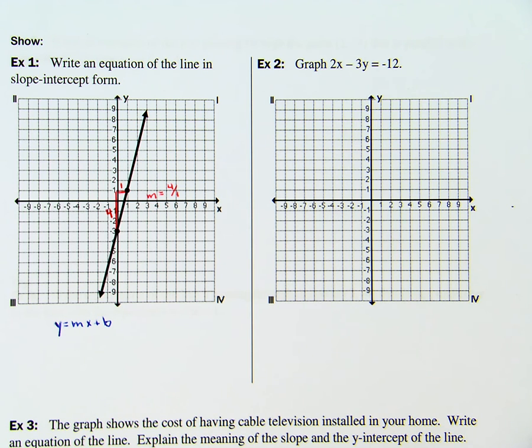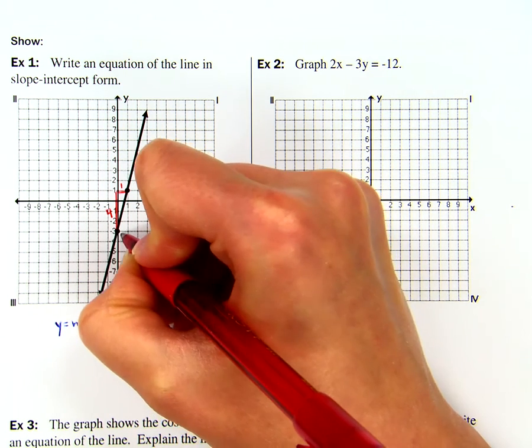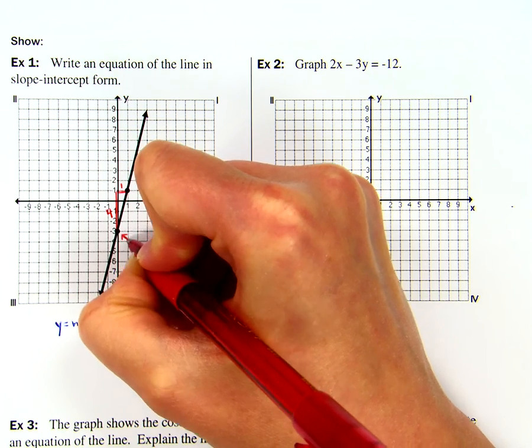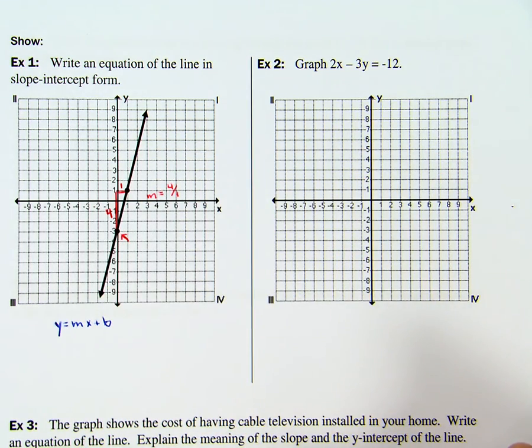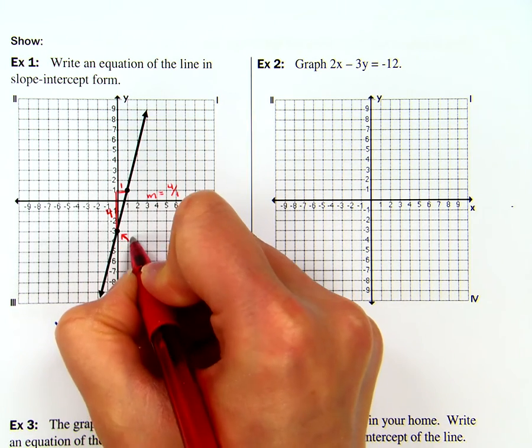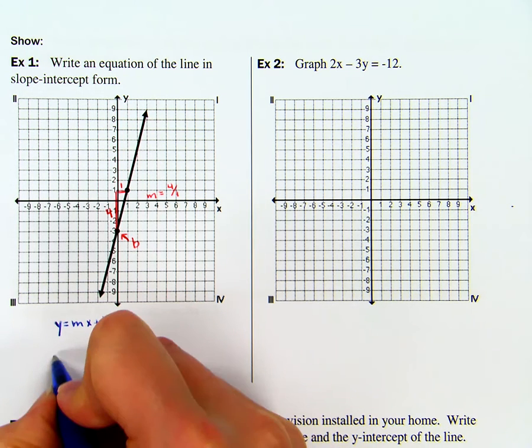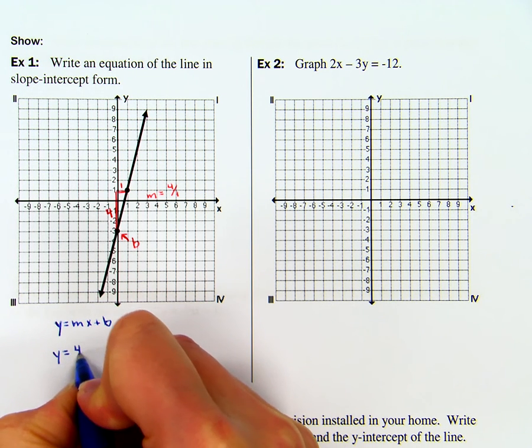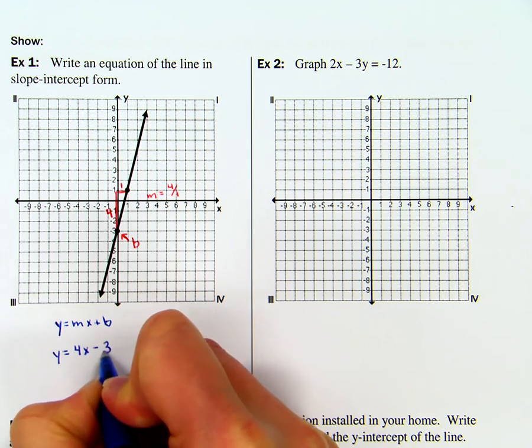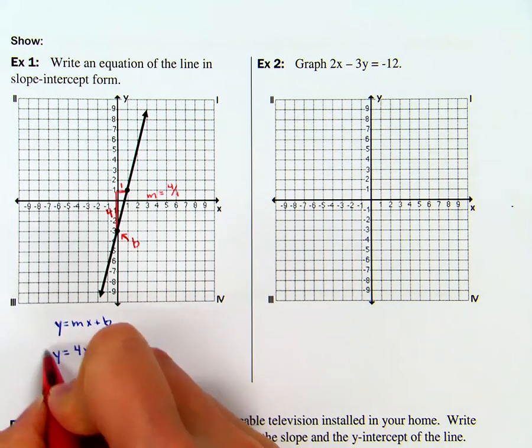The y-intercept is the place where the graph crosses the y-axis. So if we take a look at our graph, it crosses the y-axis at -3. So that will give us our b value. Putting it all together, we'll get y = 4x - 3. And there's our equation.